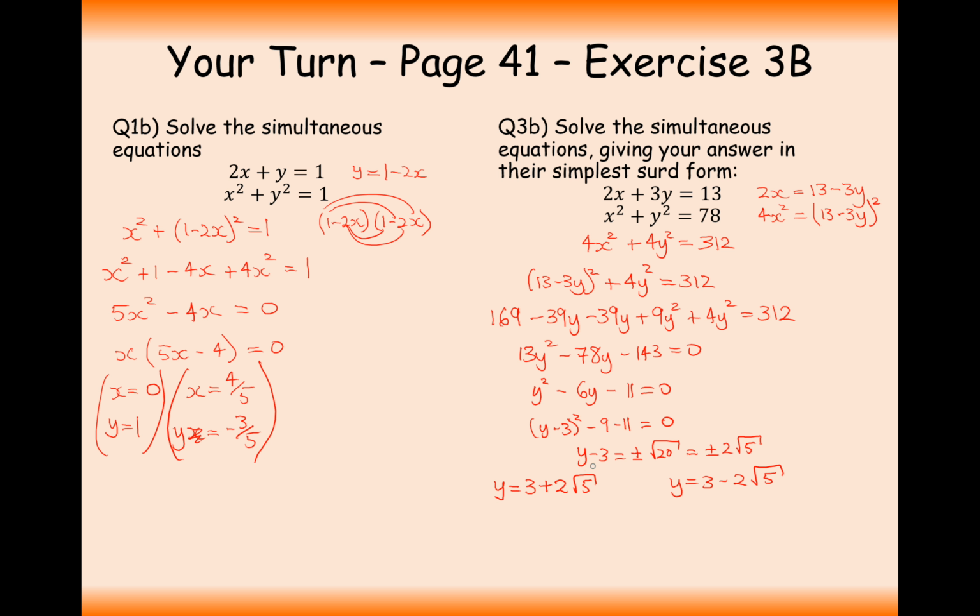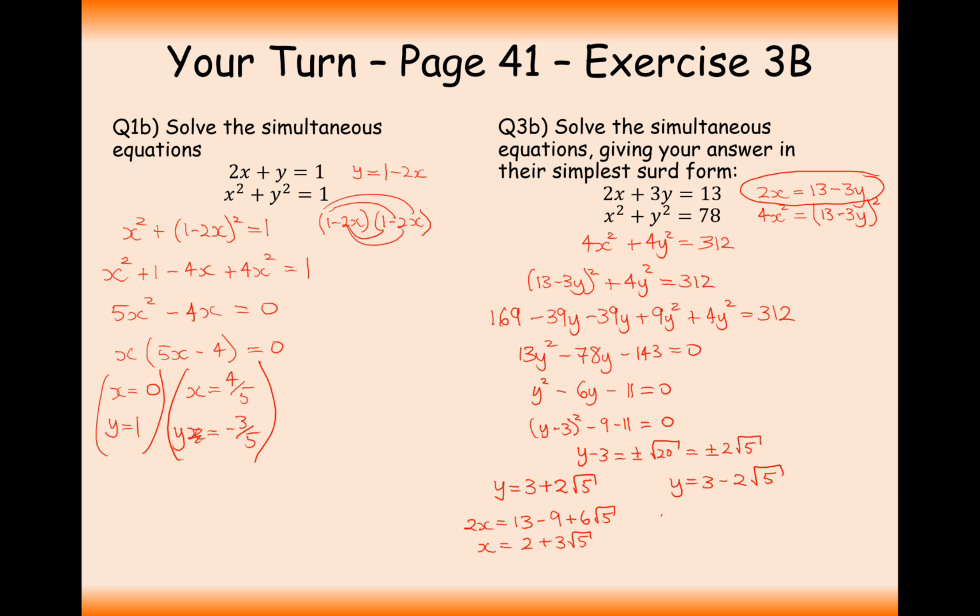Now I'm going to plug y into the first expression up here. So 2x is going to equal 13, so I'm using this equation up here, 13 minus 9 plus 6 root 5, because I've times everything by 3 in this top expression here. So x is therefore going to equal, that simplified to 4, so it would be 2 plus 3 root 5.